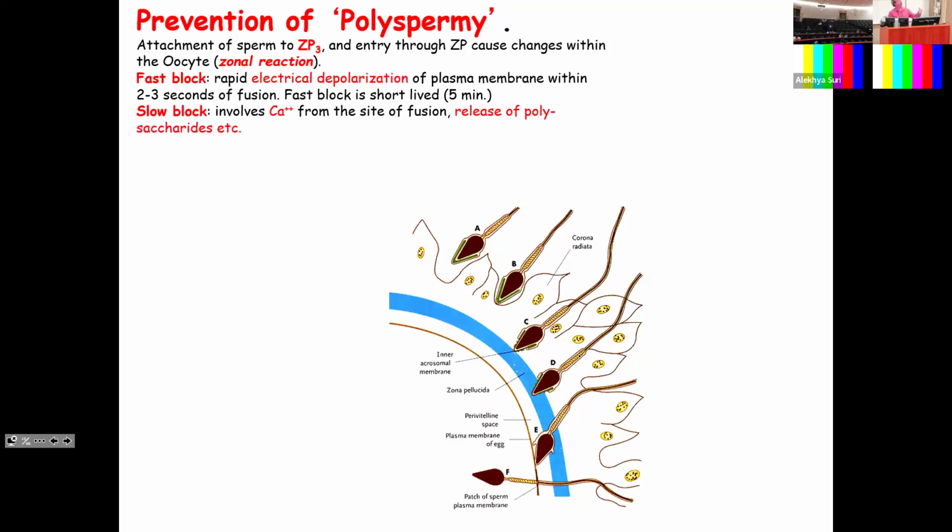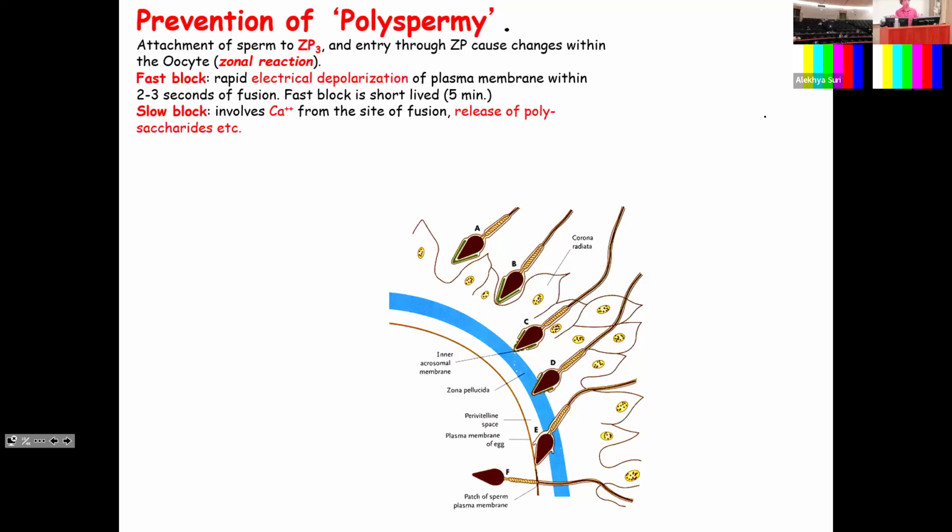But that is short-lived. Then there is a chemical change, chemical reaction, and that involves cortical granules and calcium and the release of polysaccharides, etc., and enzymes as well that will eat up the zona pellucida, will degrade the zona pellucida. So that is long-lived, meaning that oocyte will never have another sperm bound to it, okay?